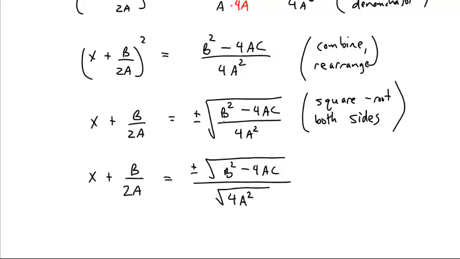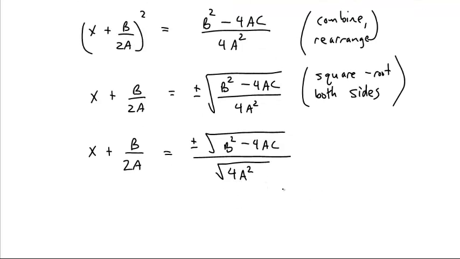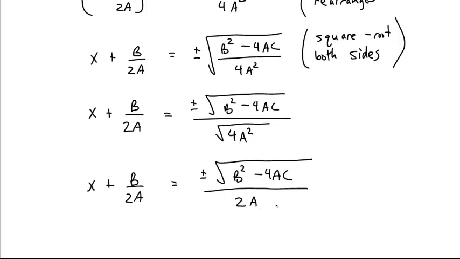We can call this plus or minus square root of b squared minus 4ac over square root of 4a squared. The top, there's no simplifying that, but square root of 4 is 2, because 2 times 2 is 4, and square root of a squared is a, because a times a is a squared. So this whole denominator turns into just 2a.